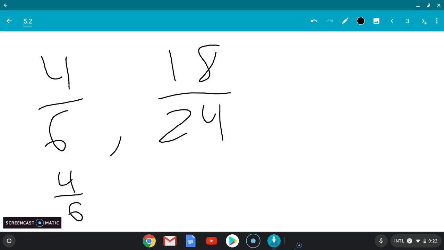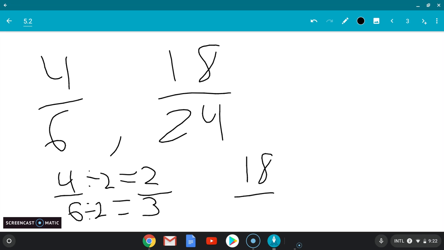They could both be divided by 2. If I divide 4 by 2, I get 2. And if I divide 6 by 2, I get 3. So I have 2/3. Okay. That can't be simplified any further, right? Because 2 can be divided by 2, but 3 can't. 3 could be divided by 3, but 2 can't. So that's as far as you can simplify that.